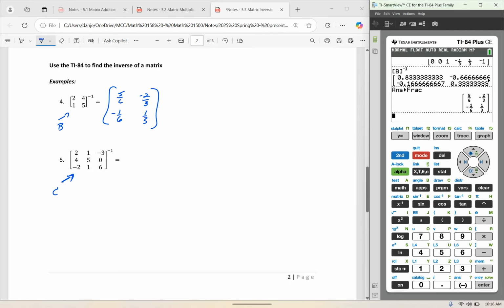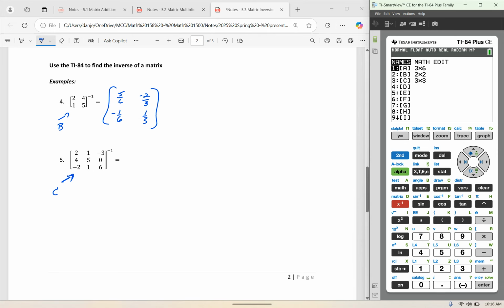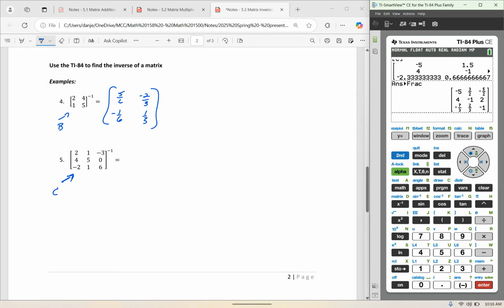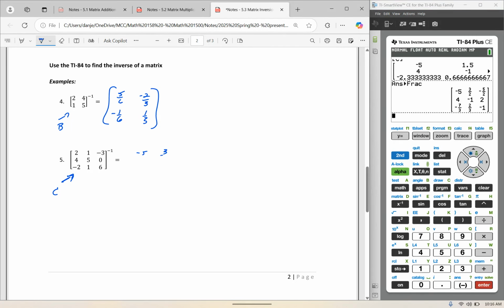To find the inverse of that matrix, I need to remember that that's the matrix I put in matrix C. Inverse. Enter. Looks like the same thing we had before. It's a mess because it's got the decimals, so math, enter. Enter will change it back to our fractions, and our inverse of that matrix is negative 5, 3 halves, negative 5 halves, 4, negative 1, 2, negative 7/3, 2/3, and negative 1. There's the inverse of that matrix.